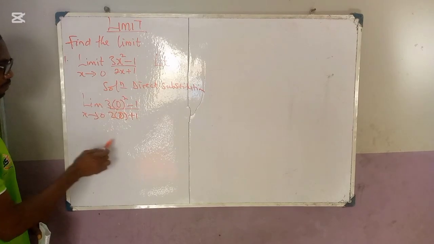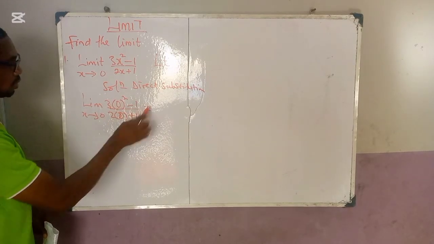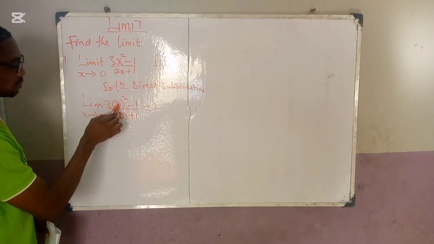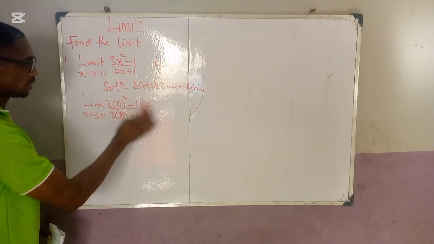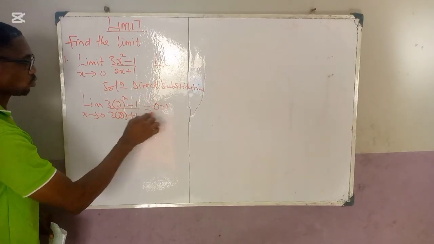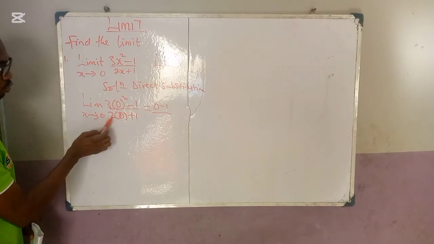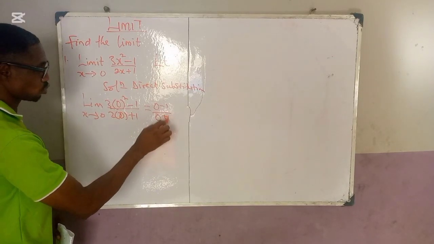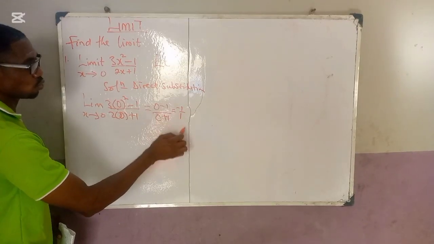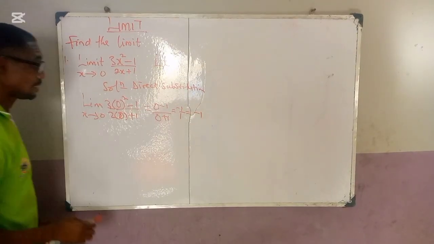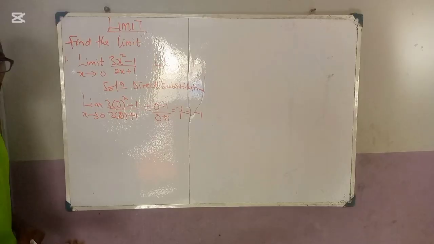That's why we're having 0 here. This is equal to what? 3 times 0 to the power of 2, 0 times 3, gives us 0 minus 1 over 2 times 0, 0 plus 1. So I have minus 1 divided by plus 1, which is equal to minus 1. That is the answer. I hope it's simple, right?